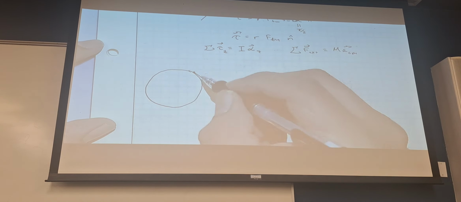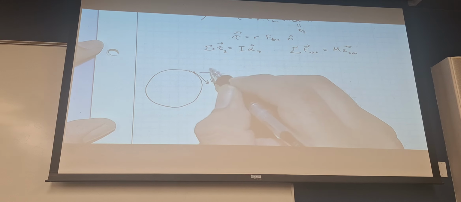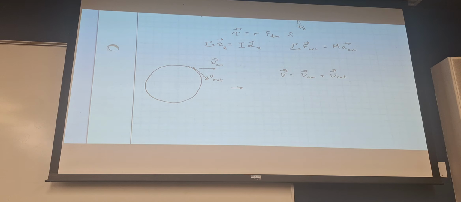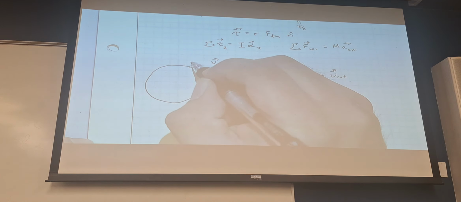So it's moving this way, so you have a piece of it called your center of mass velocity. And to an observer, it's just the sum of these. Right? So this is just a piece of mass, it's called this m_i.